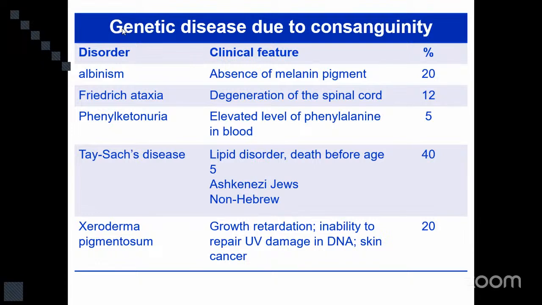These are classical instances. And then the percentage contributed by this, you can see as much as 40%, contributed as a result of consanguinity. You see, lipid disorder, death before the age of 5, very common in the Ashkenazi Jews.